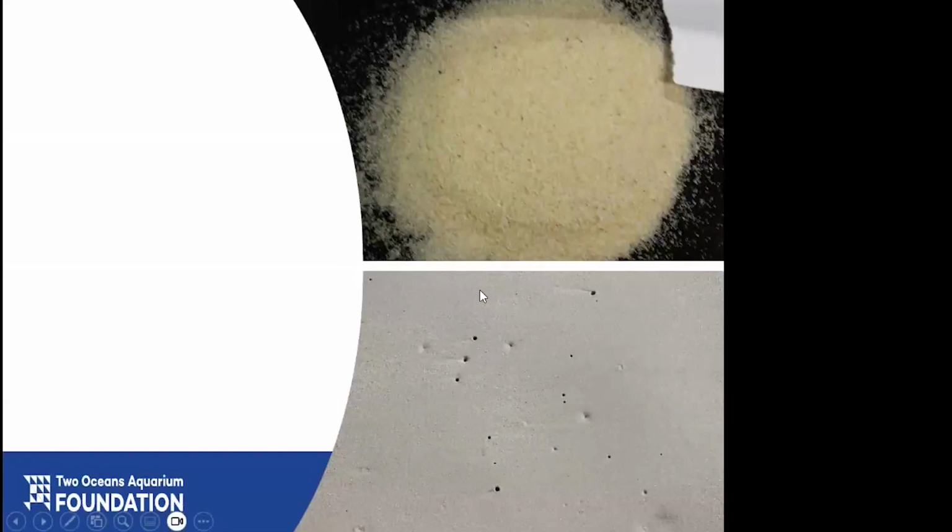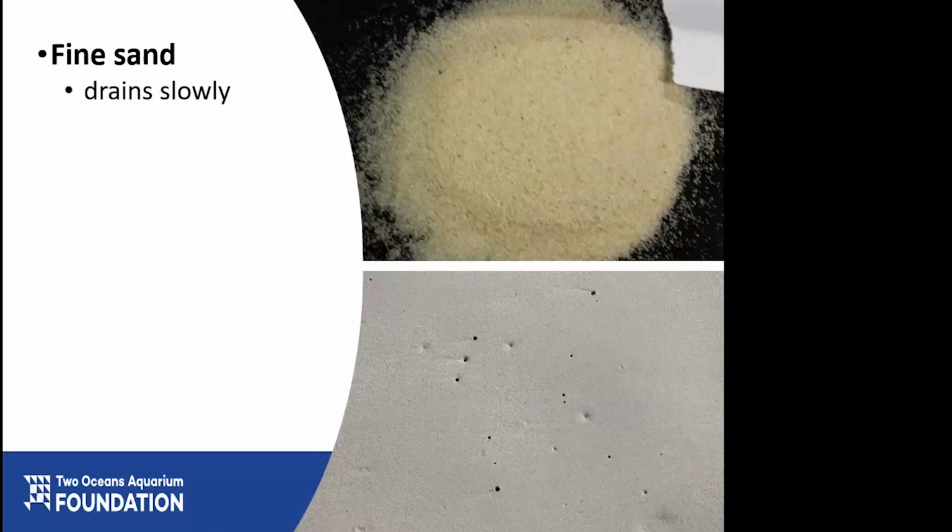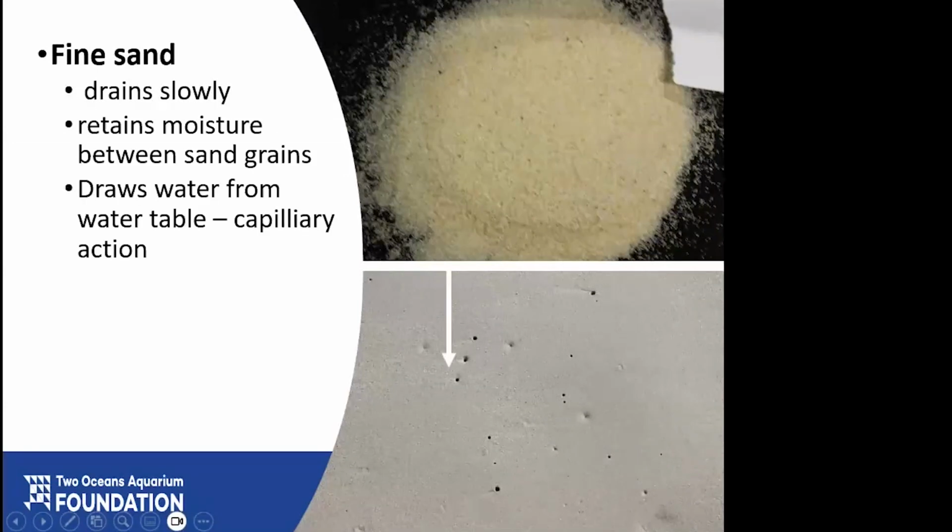Okay, so the kind of sediment that you're going to find here is very fine sand. And so because of the size of the sediment, water drains very, very slowly through these particles. As a result, it might stop water moving through there, and essentially the water becomes a bit stagnant.